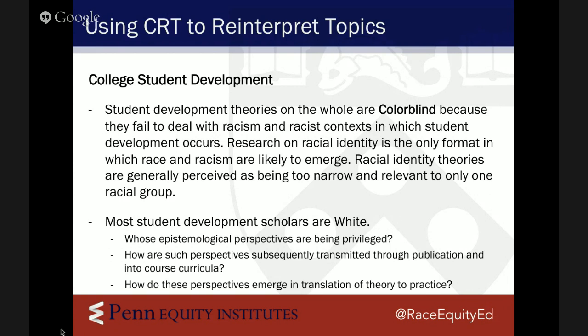So if we never talk about racism or the limitations of student development theory and their failure to really grapple with race and racism, then we're ultimately doing a disservice for those who are learning these theories and who believe that these theories are critical for their practice.